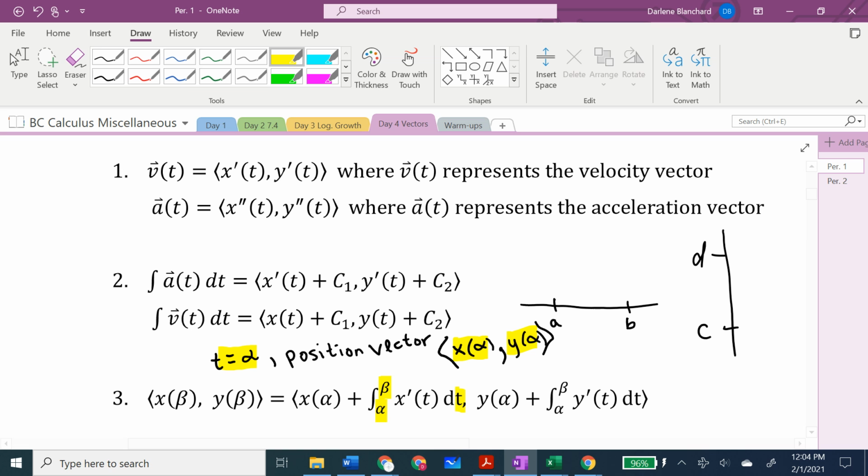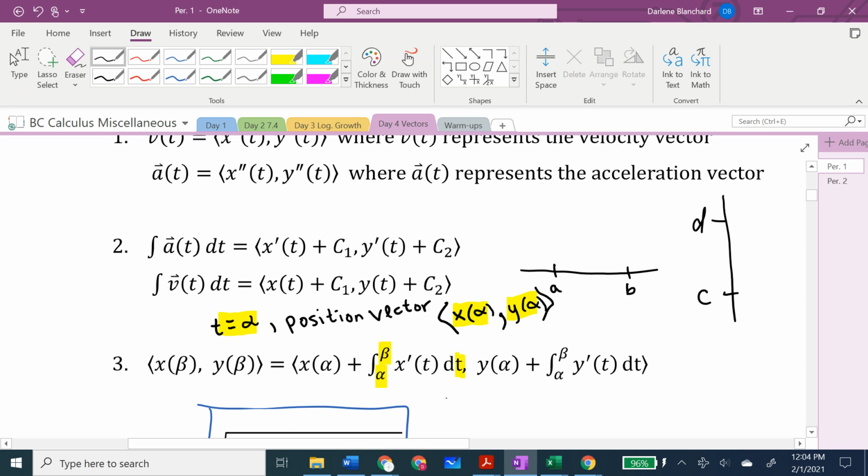If you want to know your position at time beta, based off of your position at time alpha, for the x coordinate of position, you will look at your location at time alpha and then add to that the horizontal displacement.